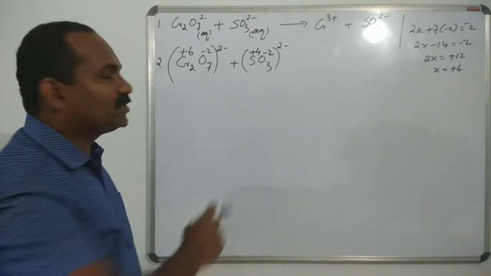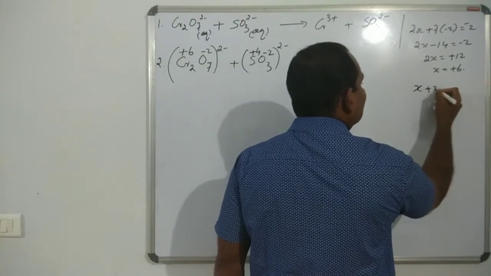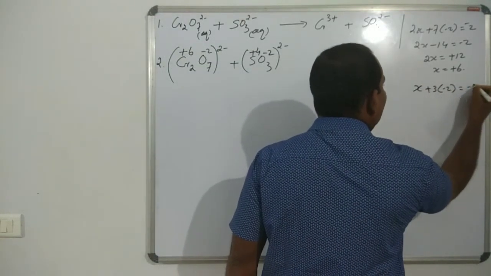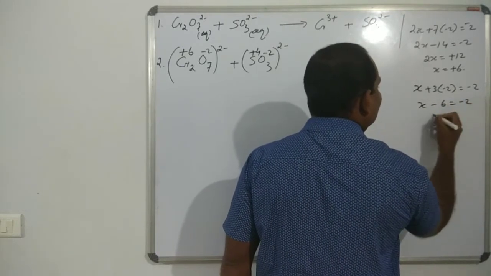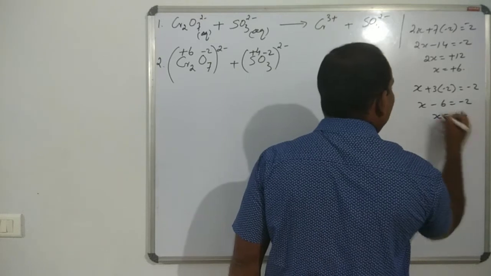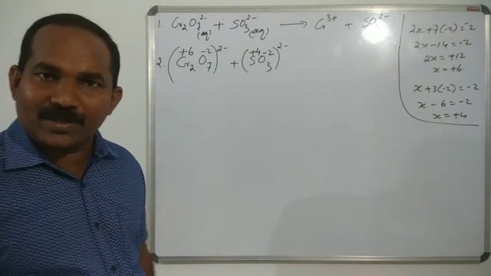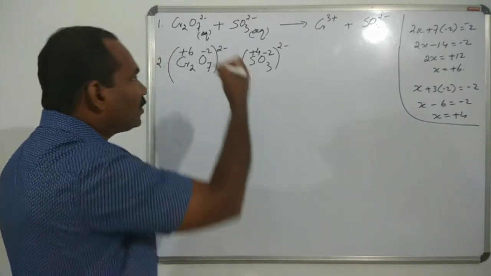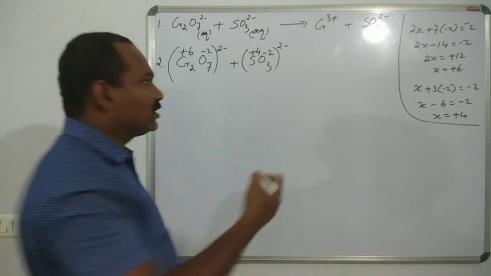Minus 4 is compensated by plus 4. Or you do x plus 3 into minus 2 is equal to minus 2. X minus 6 is equal to minus 2. X is equal to plus 4. Both are correct. You can do any method. If you do mental mathematics, it is time saving.